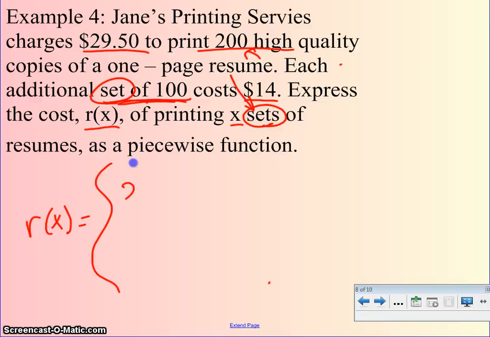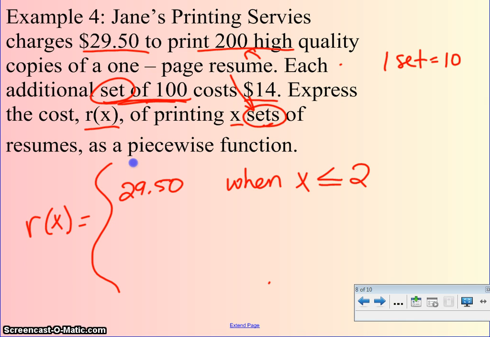We know that the cost is $29.50 when X, which is the number of sets of resumes, is less than or equal to 2. Not 200, because looking at it, one set equals 100. There's 200, and that I get from here, high quality.